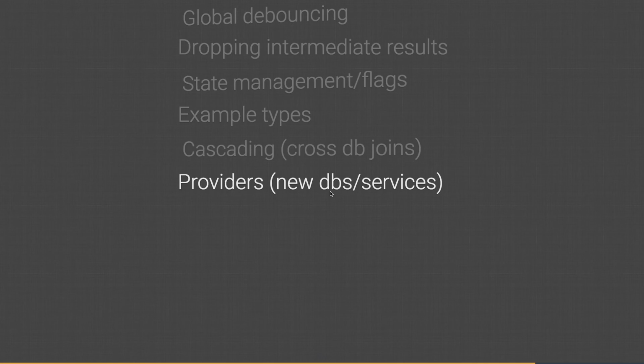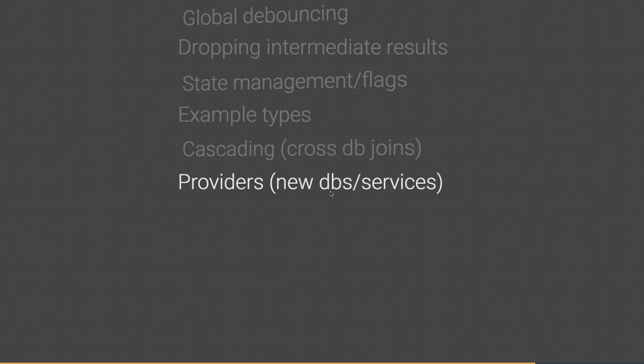And of course, going into that, we can add providers for all kinds of things. We have one in production now for Elasticsearch. We have one in production for MongoDB. We have a super terrible one for SQL Server that is not released because it's so terrible. But the idea is that because it's open source, everyone can start to contribute new providers and new example types. They don't even have to be databases. They can be web services.